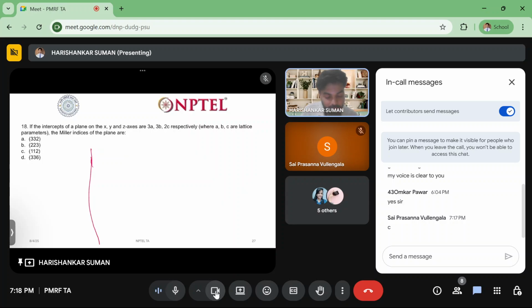Okay. See the next question. If the intercepts of a plane on the x, y, and z axes are 3a, 3b, and 2c respectively, where a, b, c are lattice parameters, the Miller indices of the plane are? Intercepts are given.